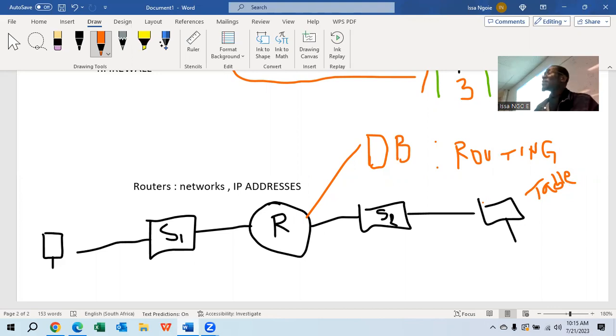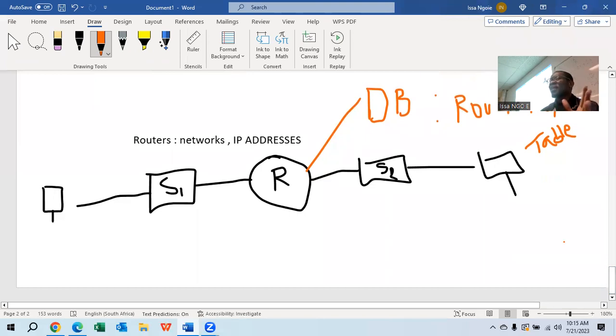Now, because routers connect networks, your database will have what? Networks. That database on your router will keep information about the networks, and routers will use the IPs. So every port on the router is a network. When you see a router, those ports mean you can connect different networks, and different networks means you can connect different switches.